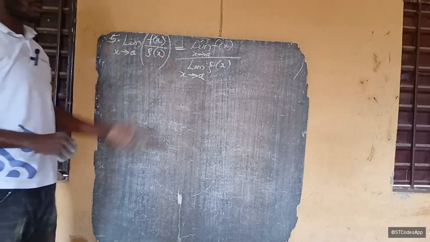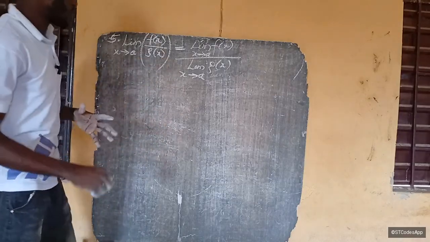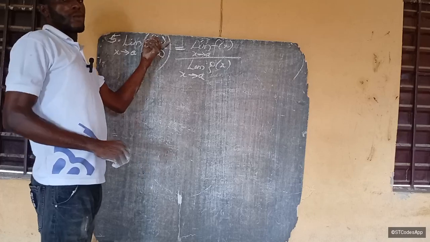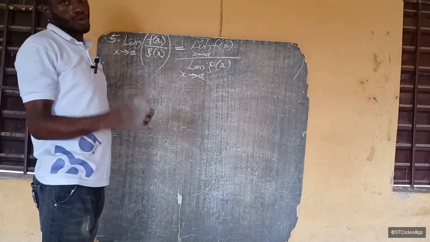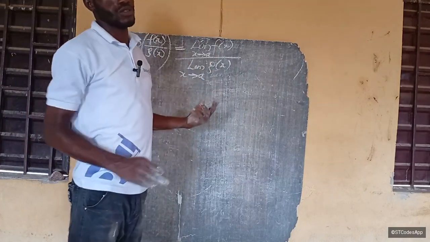Of course, we don't need to prove this again. That principle holds. It's just saying that the limit of the quotient of these functions is equal to the quotient of the limits of each of the functions.